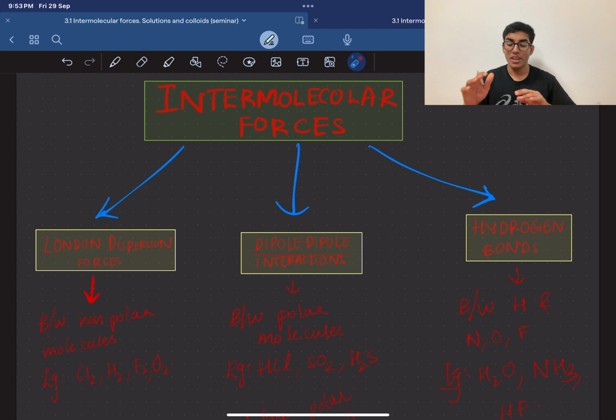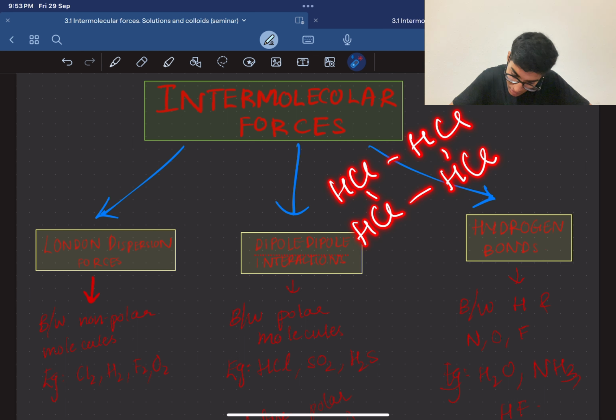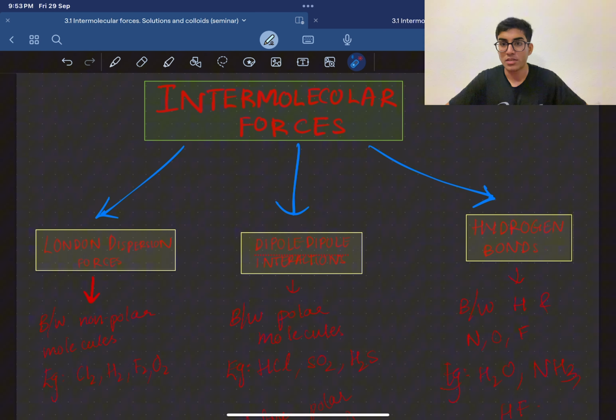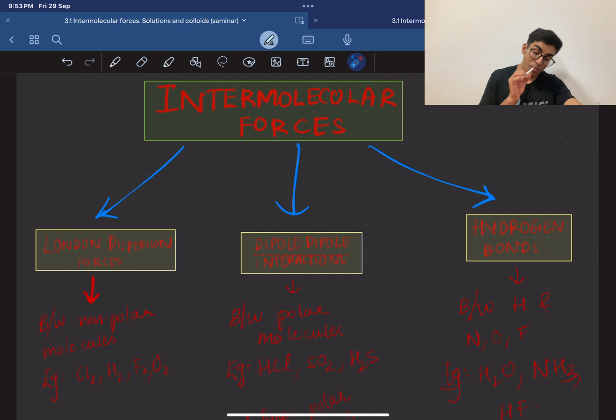Intermolecular force, I'm so sorry. Intermolecular forces. So basically these forces here, these are called intermolecular forces. There are three subtypes, okay? Three types, and that starts from London dispersion forces, dipole-dipole interactions, and hydrogen bonds.